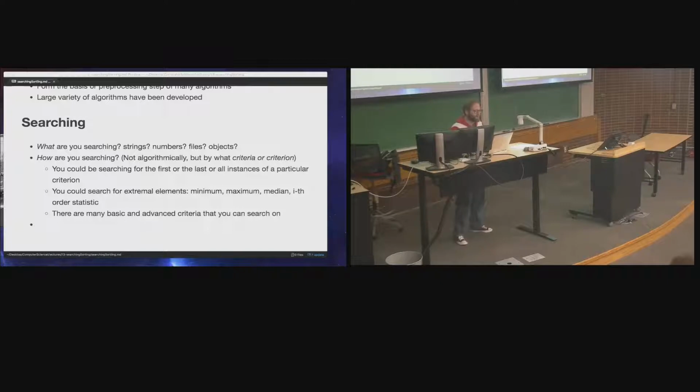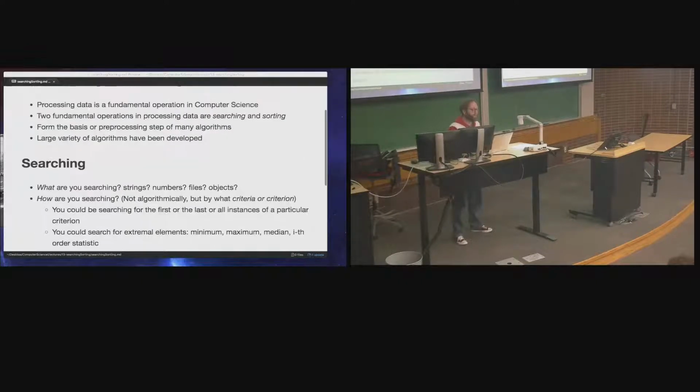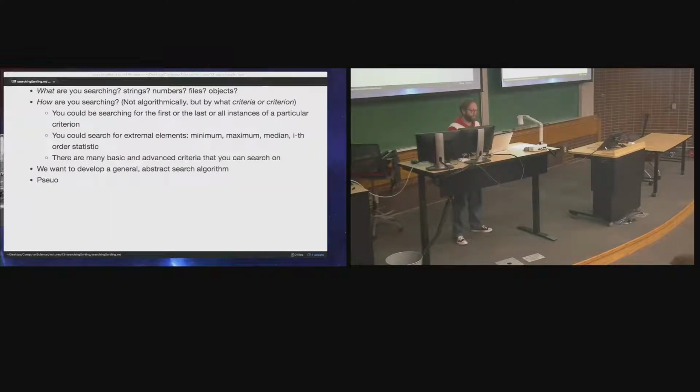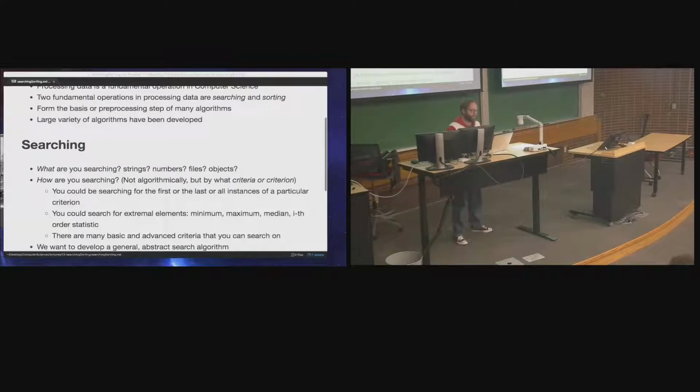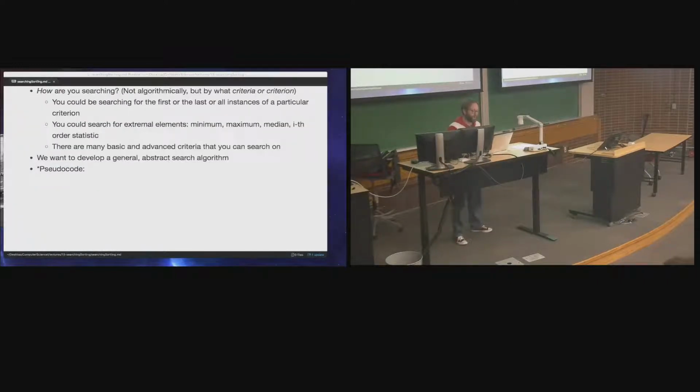So what I want to do is formulate, at least as a first step, a general abstract search algorithm. This means that we're no longer going to be programming, at least initially. We're going to be developing this through pseudocode. So what does pseudo mean for those of you who speak Latin?